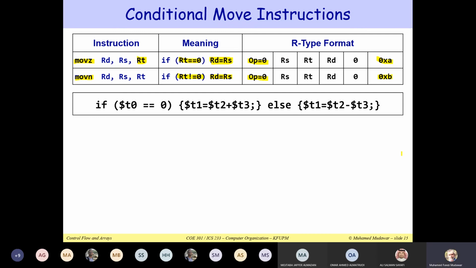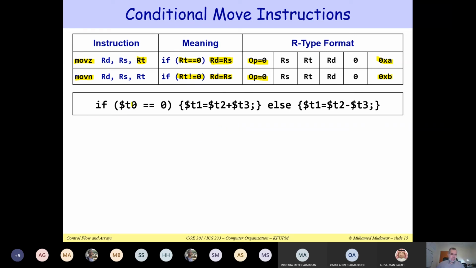So this is the definition of these conditional move instructions. It turns out that conditional moves are very, very useful for translating if statements, without the need of using branch instructions. So let us take a look at this if statement.